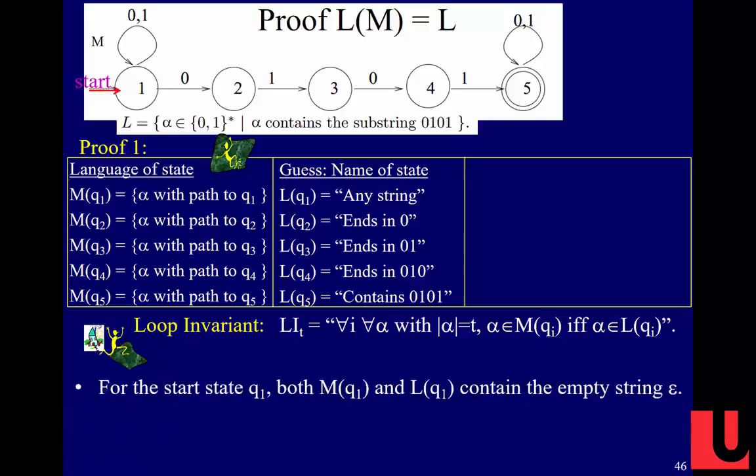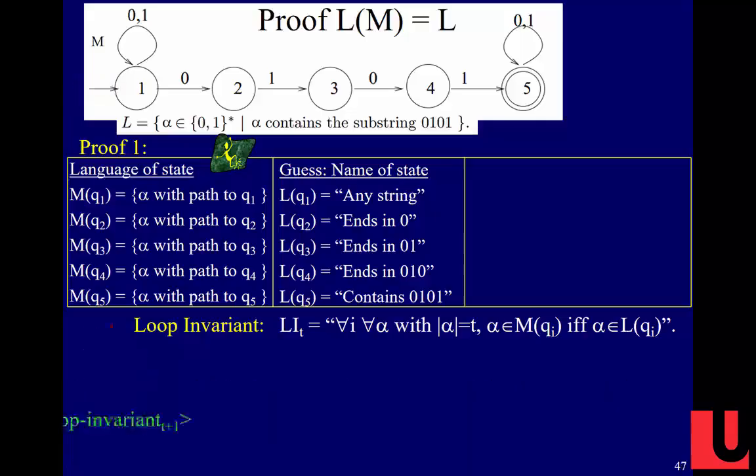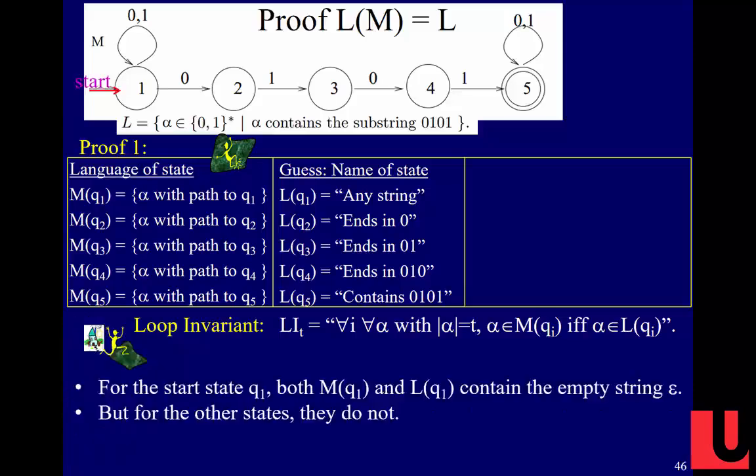So for the epsilon, it can be contained in any state. Well, one of the things that we haven't covered yet, and we can cover it right this very minute: if this is the start state, there's these things called epsilon transitions, which means that you can follow them without reading anything. In that case, the empty string has a path to here, and to each of these guys.